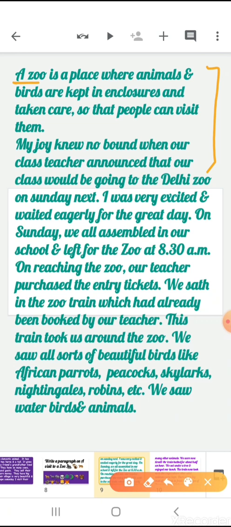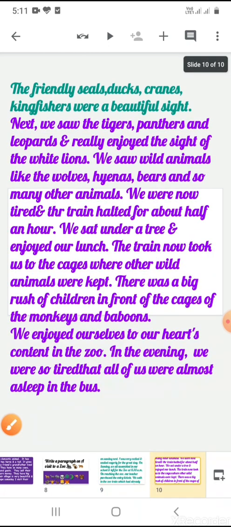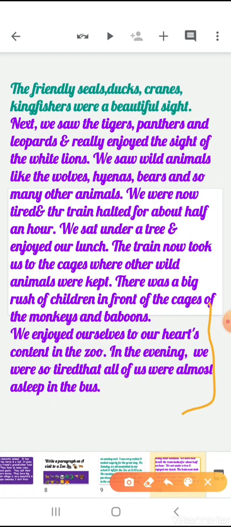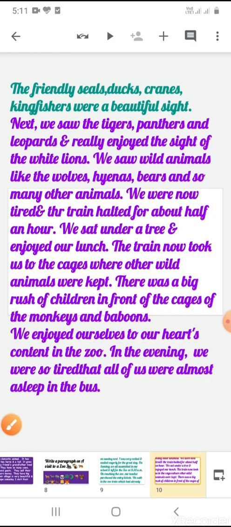Then we have the supporting sentences, which support the main idea of the topic sentence, right? Yes or no? Yes. And lastly, the concluding lines.